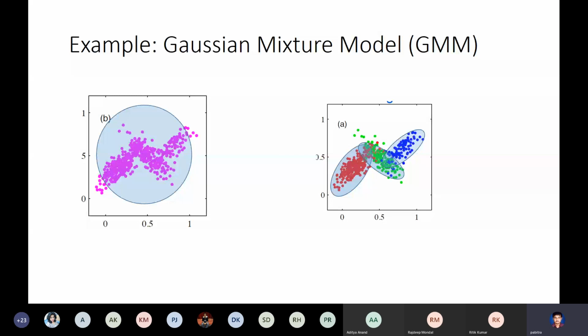We call this integer a latent variable z. This integer is sometimes called a responsibility. It decides from which Gaussian among these 3 Gaussians we should generate the data. Let's say z is 2. So from this Gaussian we'll generate the data.